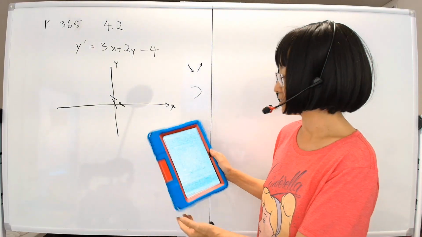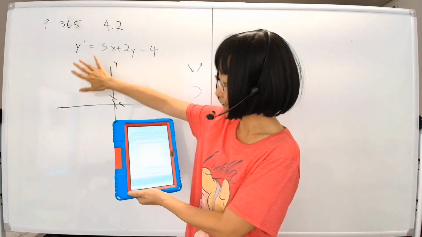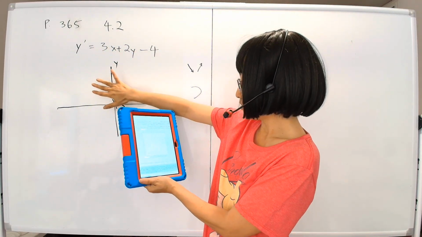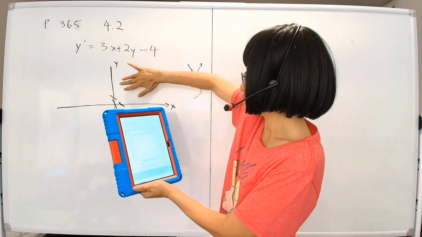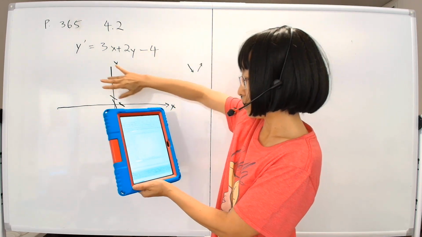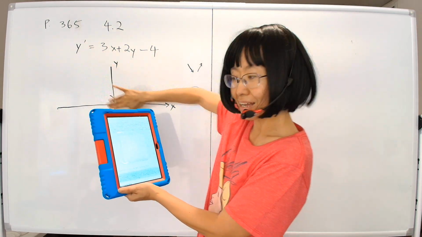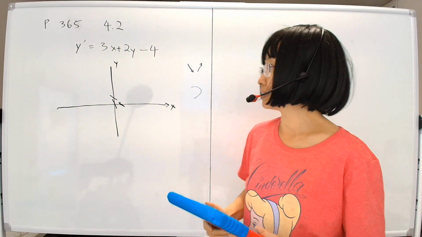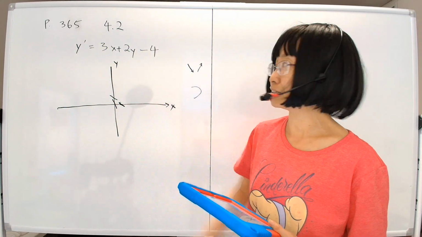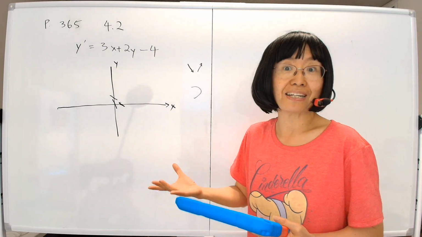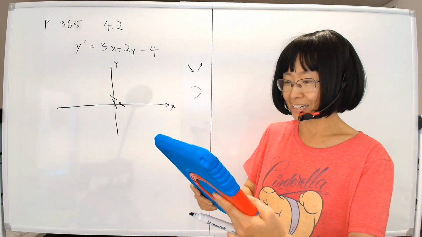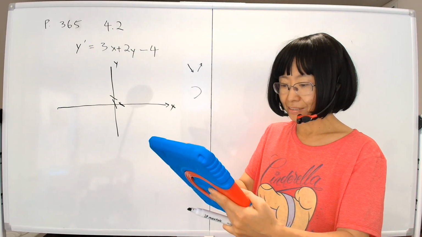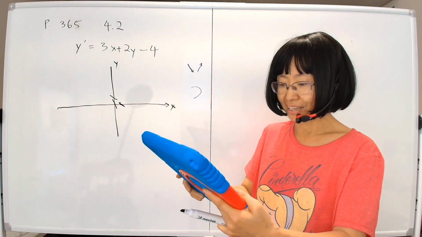In this case, the wind is blowing down right over here, and it turns here and blows back up, and then over here blows down, and so on. That doesn't solve the equation for you, but it gives you a feel of what this function looks like. And that's what a direction field is.